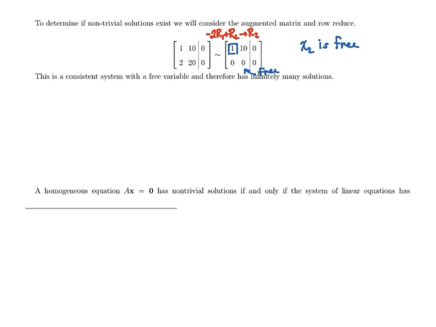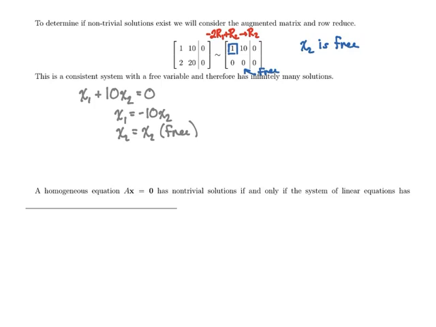Let's think about what those solutions are. If we bring it back to an equation, we have 1x1 plus 10x2 is equal to 0. We get nothing from the second row, just 0 equals 0. That is, we can write this as x1 equals negative 10x2, and x2 is equal to x2, that is our free variable.